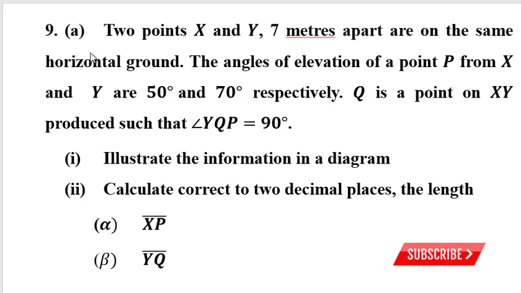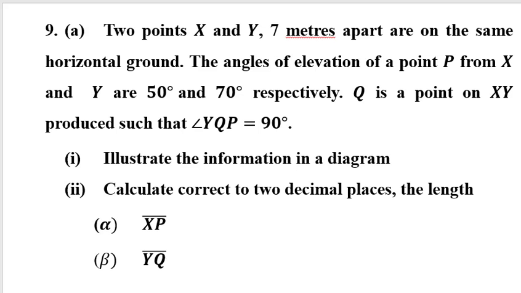So for the 9A, we'll try going through the solution for this particular question. Now, if you analyze the question, it says 2 points X and Y, 7 meters apart, are on the same horizontal ground.